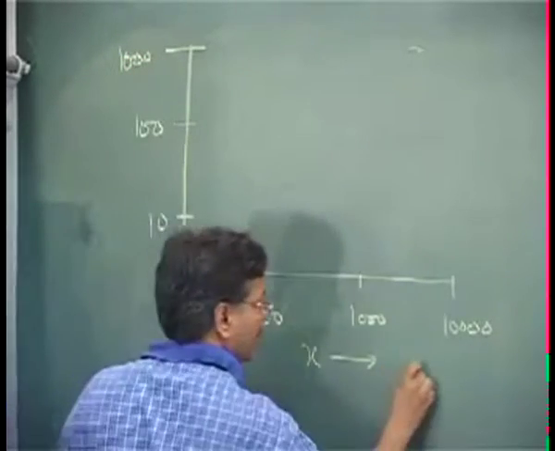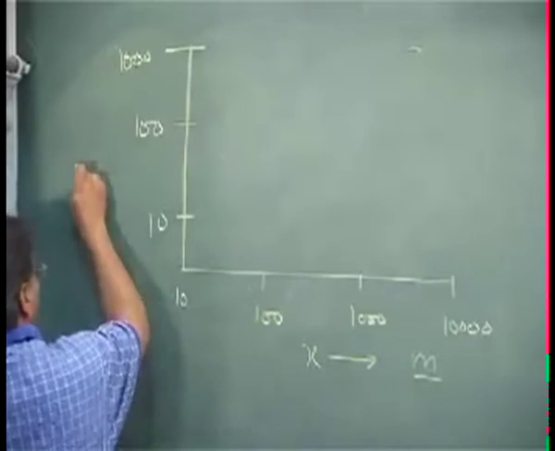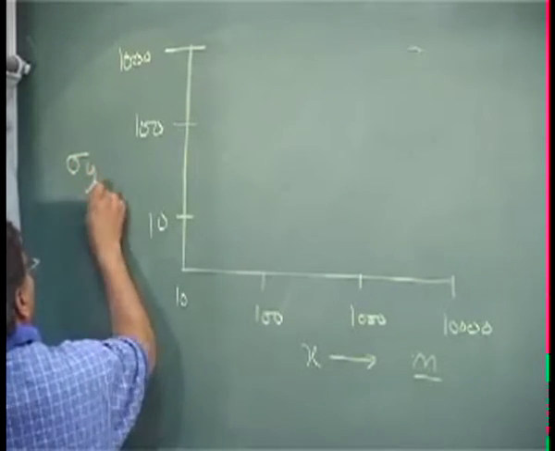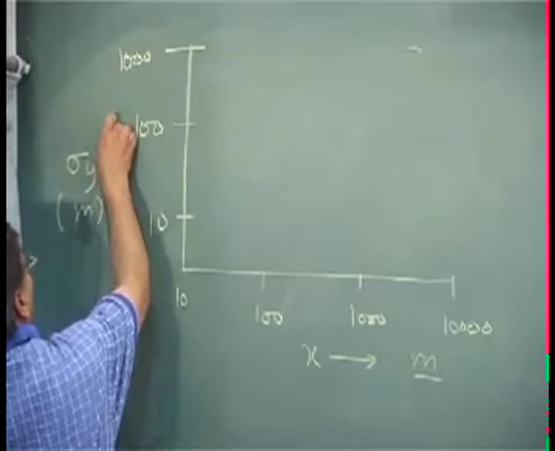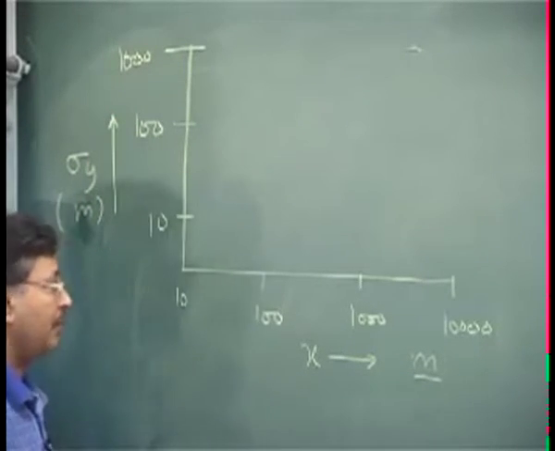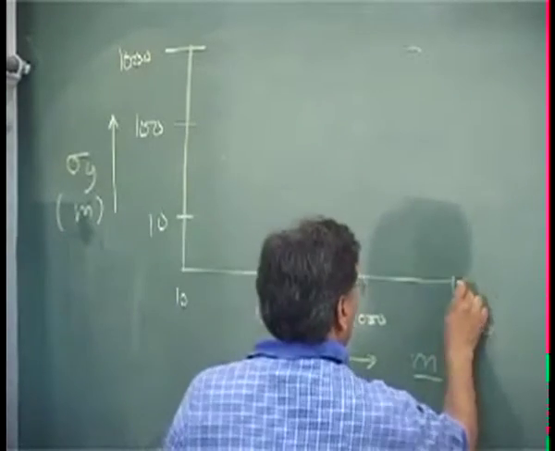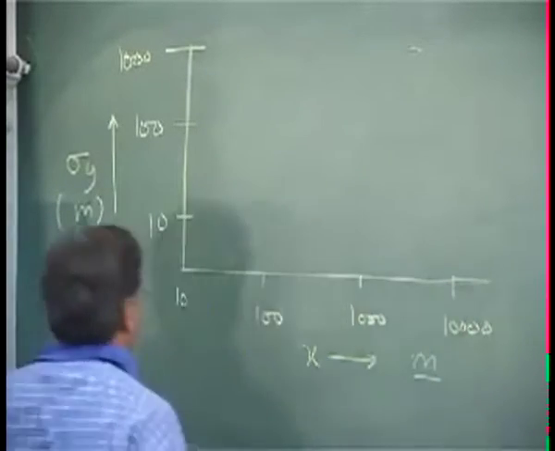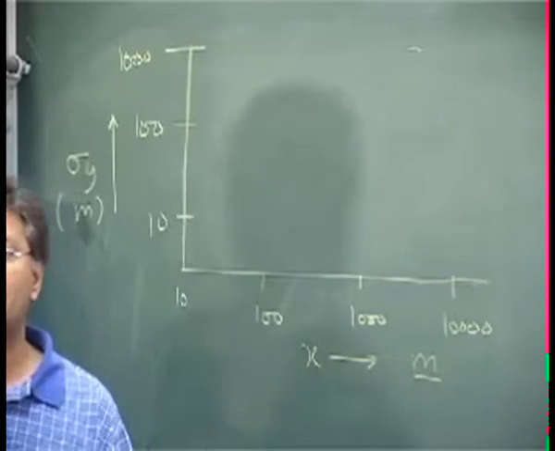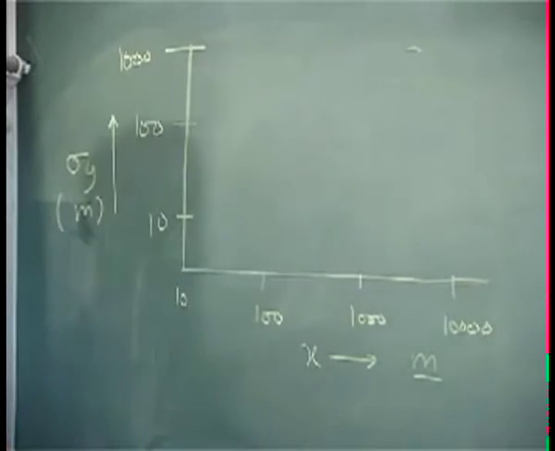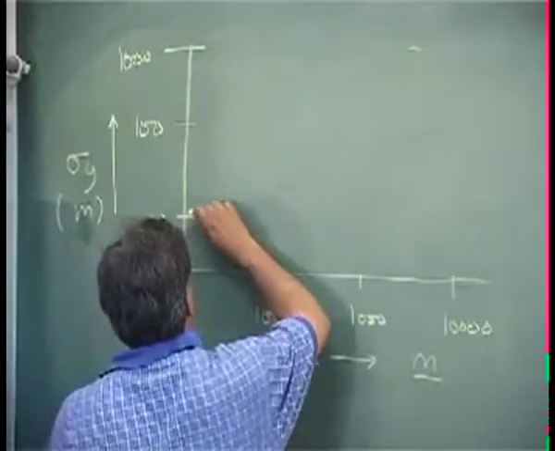This is in meters, and this is sigma y. Since I am drawing, they are approximate, but you can get the exact numbers in the book. So they reported this to be something like this.